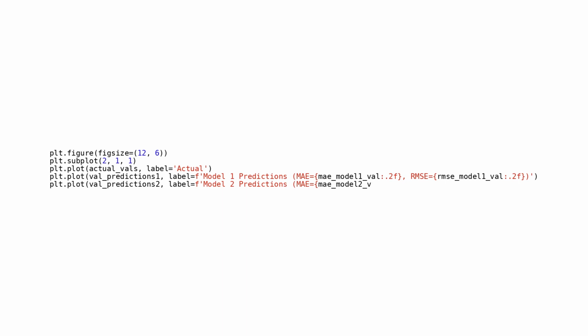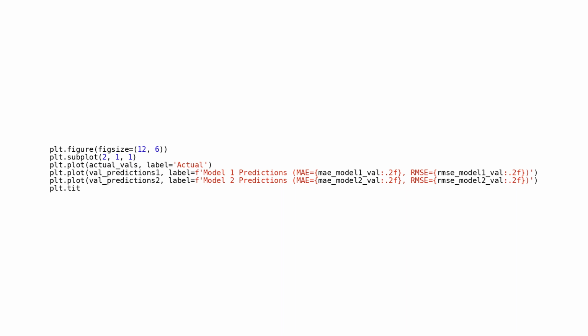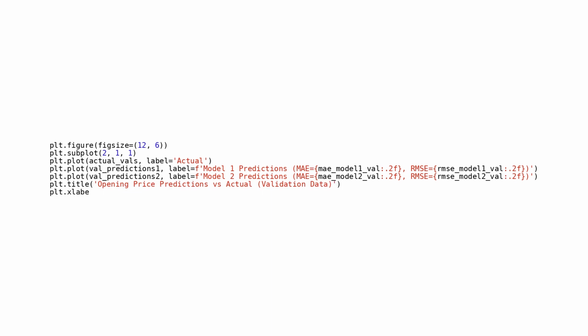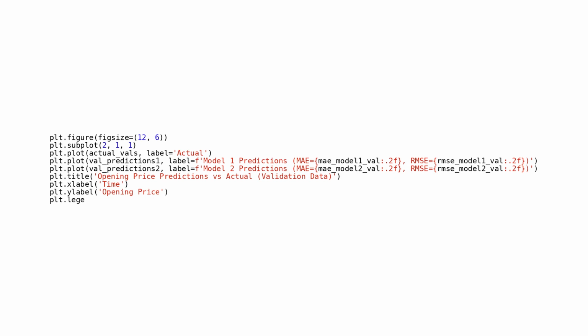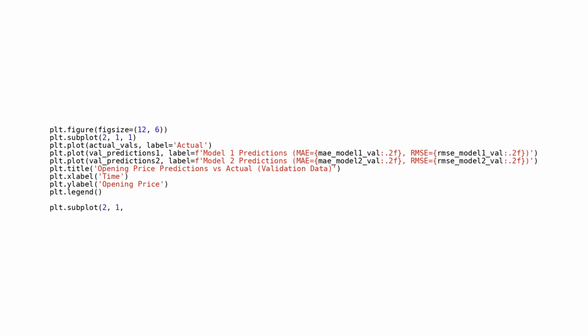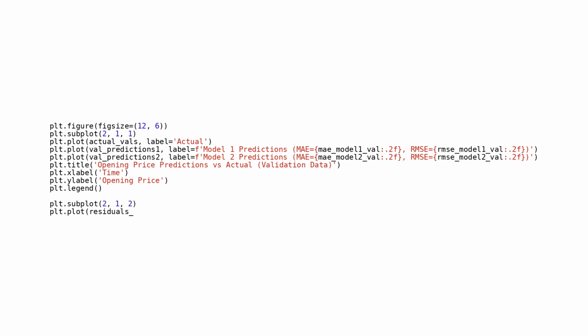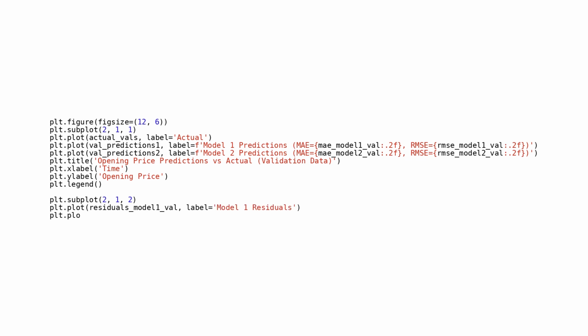The first subplot displays actual values plotted against time, with predictions from two models with their mean absolute error, MAE, and root mean squared error, RMSE, as labels. Title and axis labels are set, and a legend is added to differentiate between actual values and predictions from the models. 4. The second subplot displays residuals, differences between actual and predicted values, for both models against time.